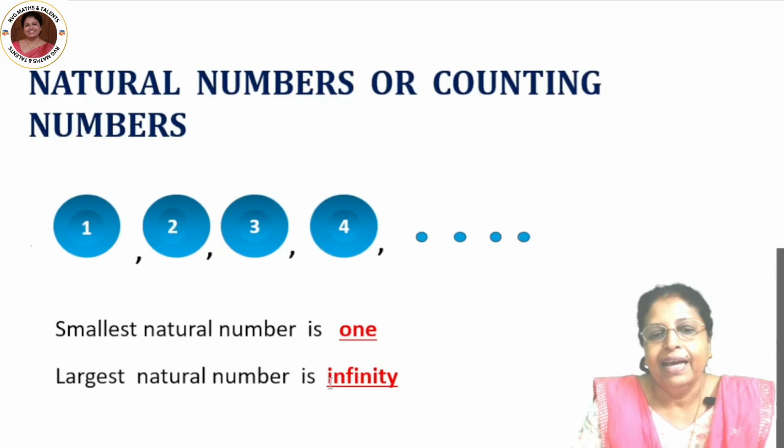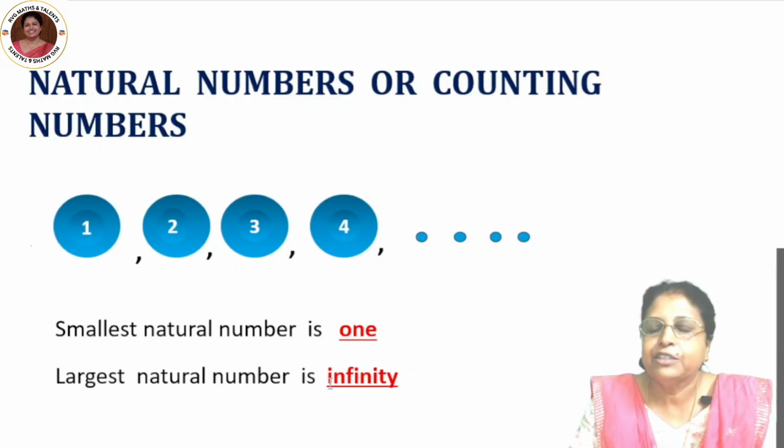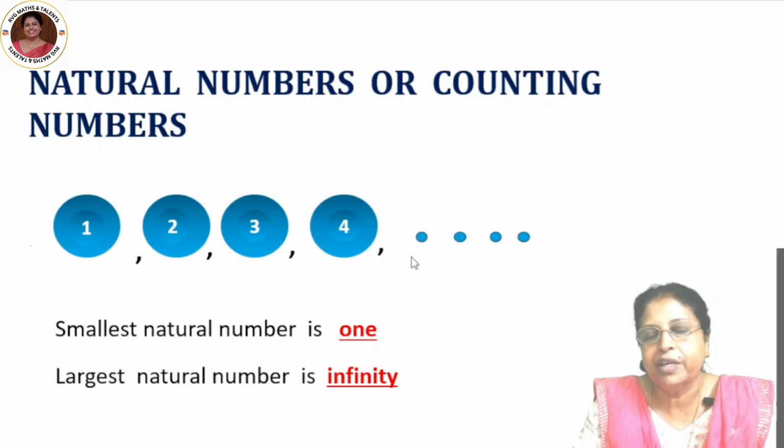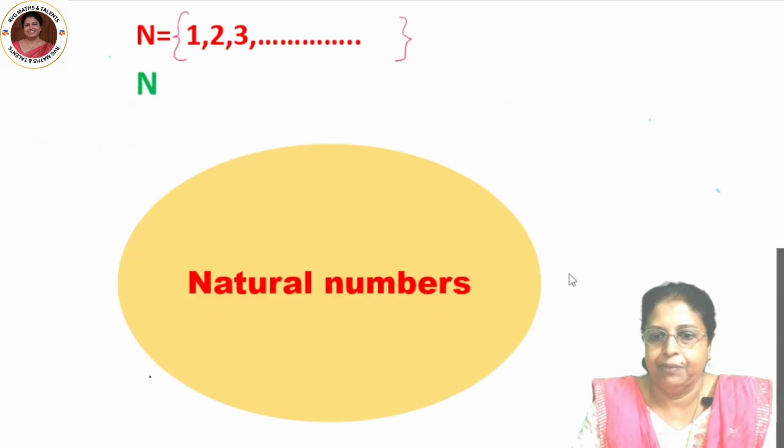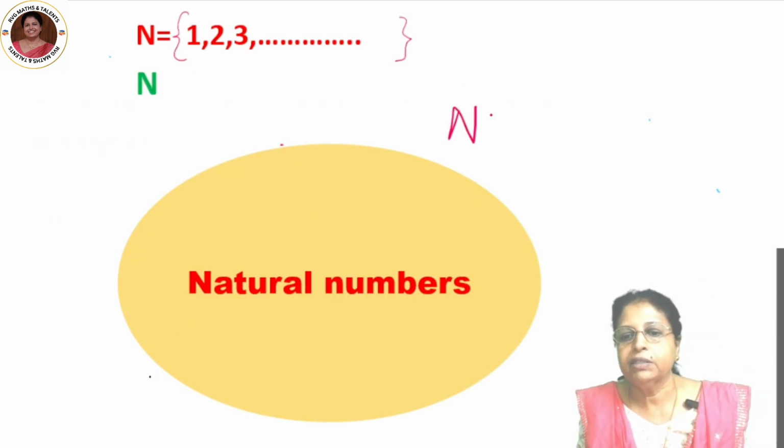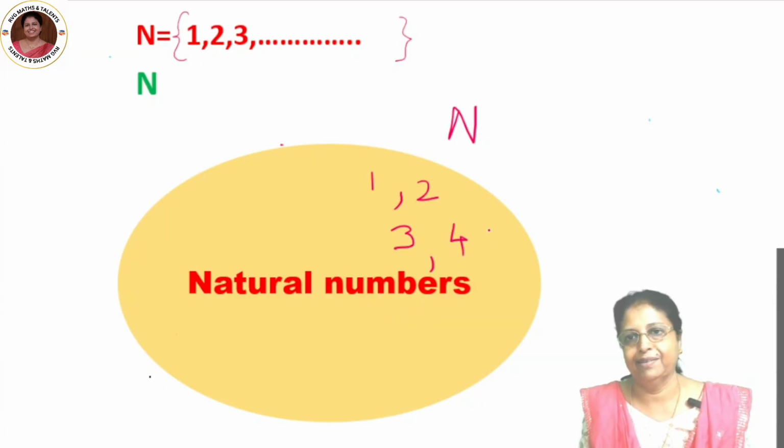Okay, let us start with natural numbers or counting numbers. So 1, 2, 3, 4 etc. up to infinity is the natural number system. So we denote natural numbers by N, and in the natural number system we know it is 1, 2, 3, 4, 5 etc. It goes to infinity.